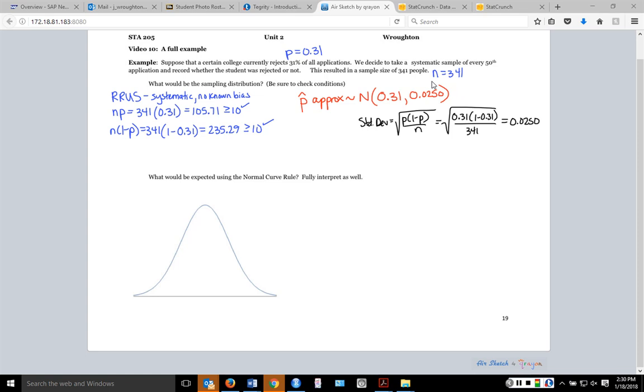So let's talk about what we could expect to see using the normal curve rule, that 68, 95, 99.7 rule. So I know I'm centered at p. And then I'm going to go out 3 standard deviations in both directions. This time my standard deviation is this 0.025 that I calculated above.